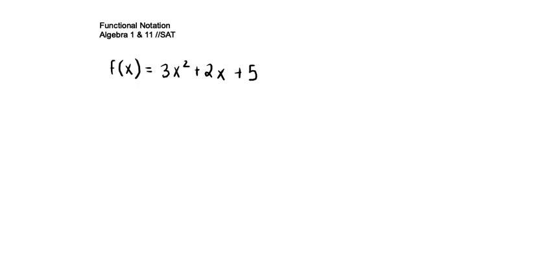Let's start off with f, which I think is a great way to start. It seems that f is the name of the function. Then let's go with x, the x term. It seems that it is the input.